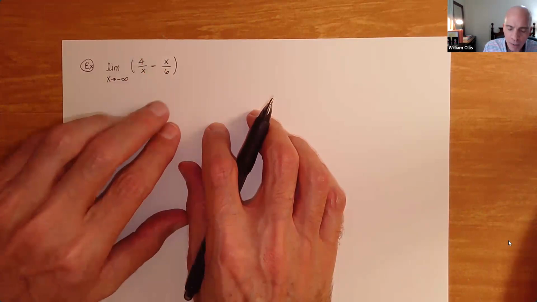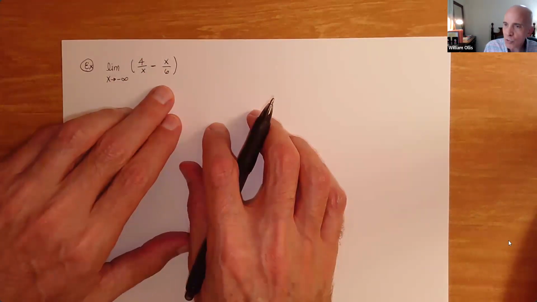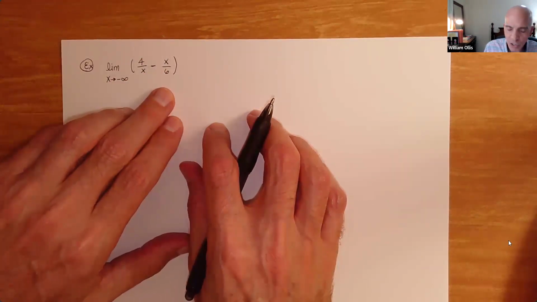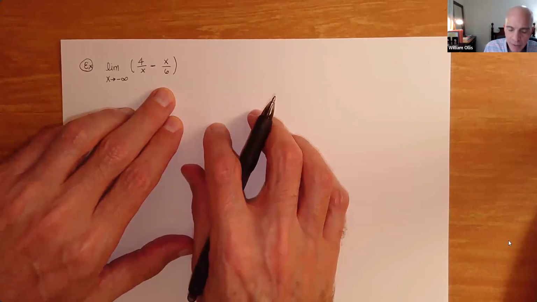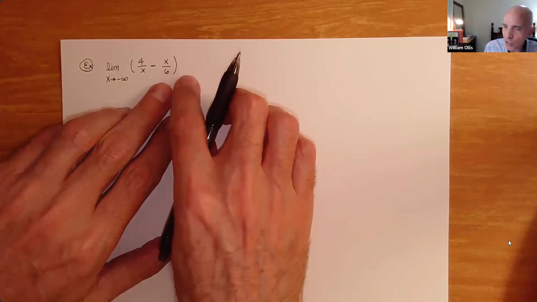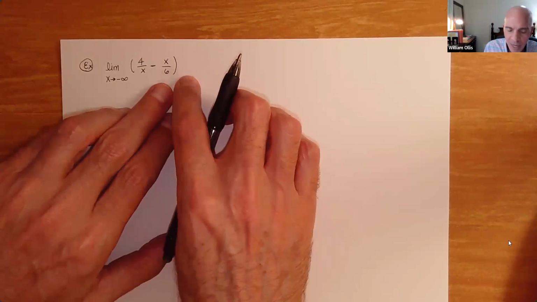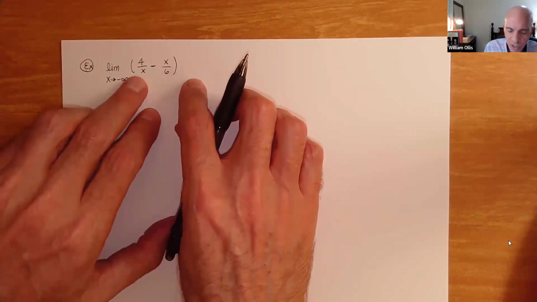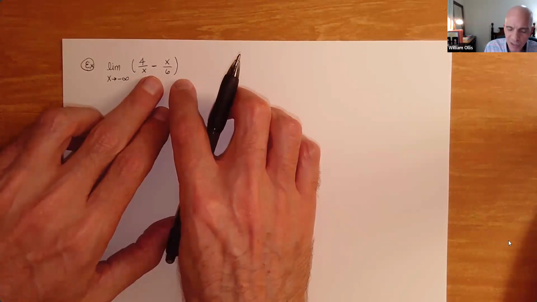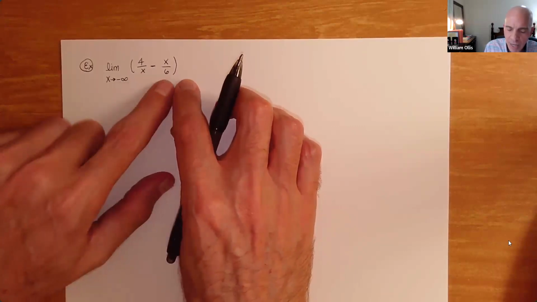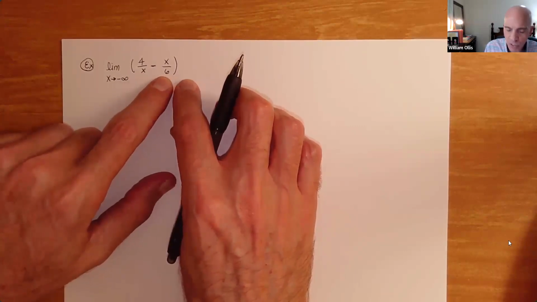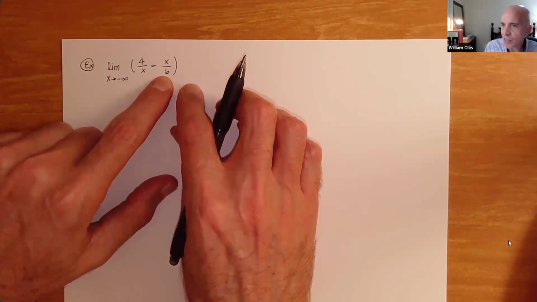So maybe a better way to address this problem is just to look at it in terms of the rational function by getting a common denominator. Again, you might be thinking, well, you can just pretty much break this up, but you really can't do that because you've got the infinity resulting here. And so that's not a standard limit. So those don't really apply.